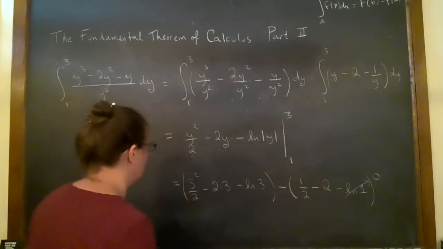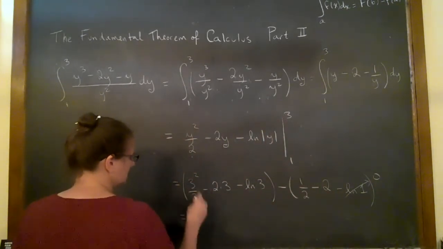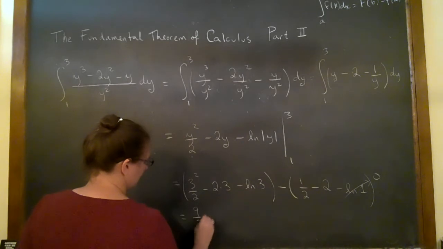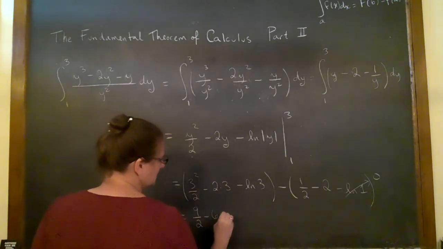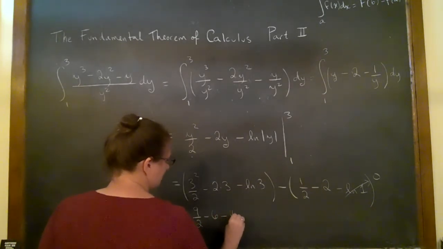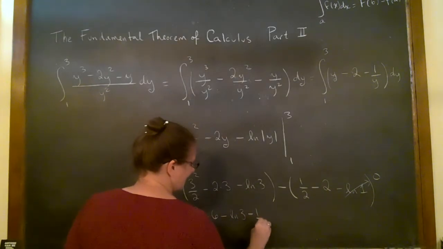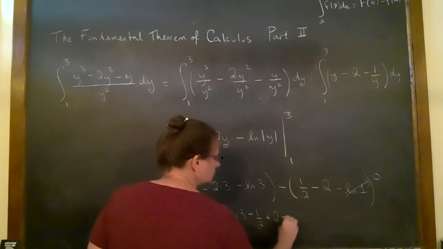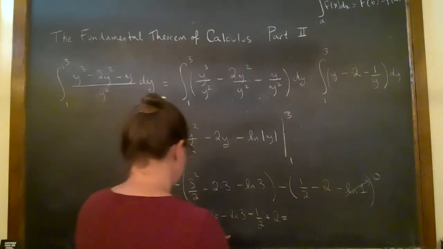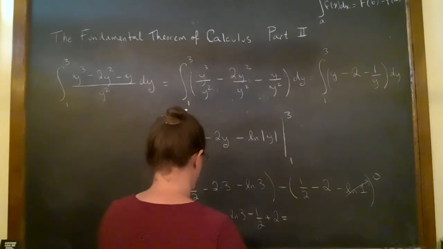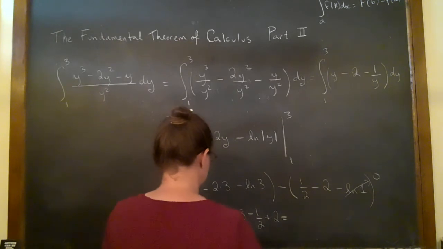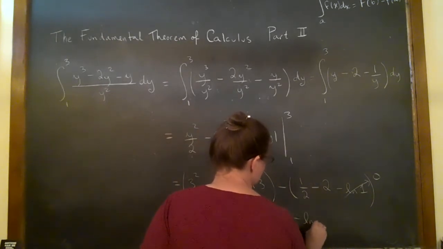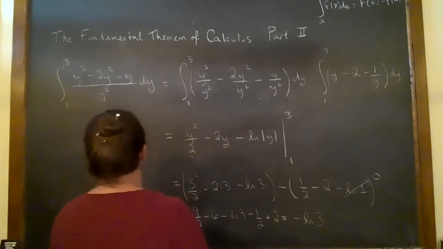Natural log of 1 is 0. Okay, so this is going to be 9 halves minus 6 minus natural log of 3 minus 1 half plus 2. So 8 halves is 4. 4 minus 6 plus 2, 0. I got minus natural log of 3.